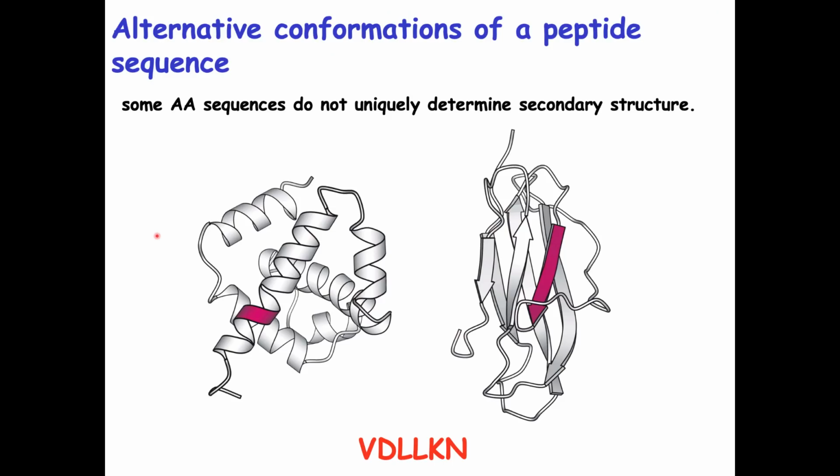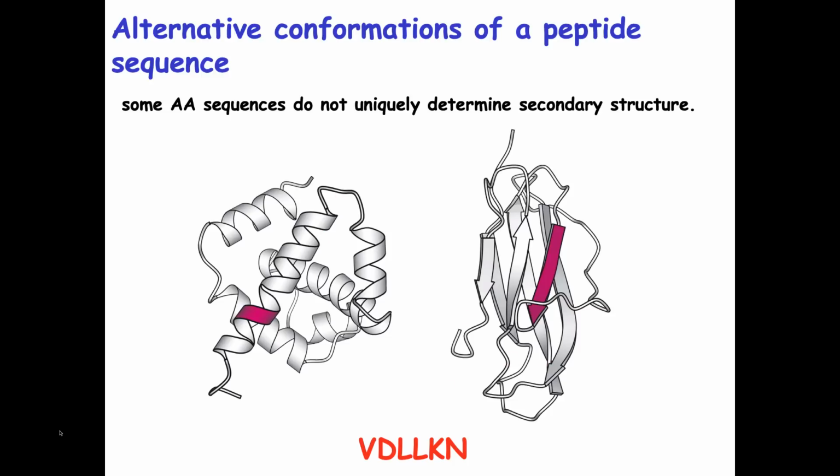One interesting observation is that there are some amino acid sequences that can adopt two different conformations. And this is one example of this. This is just a polypeptide, VDLLKN, and that's highlighted here. Depending on the amino acids that are around it, it can adopt either an alpha helix or a beta sheet.